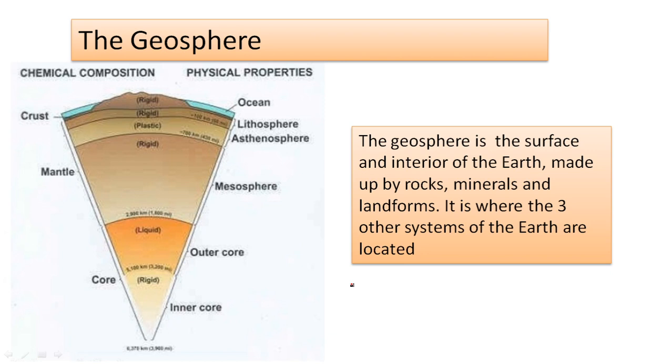These three layers are called the crust, which is the outer layer, la capa más exterior, the mantle, which is in the middle, and the core, which is the inner part. Now we are going to explain a little bit about all of these three layers.